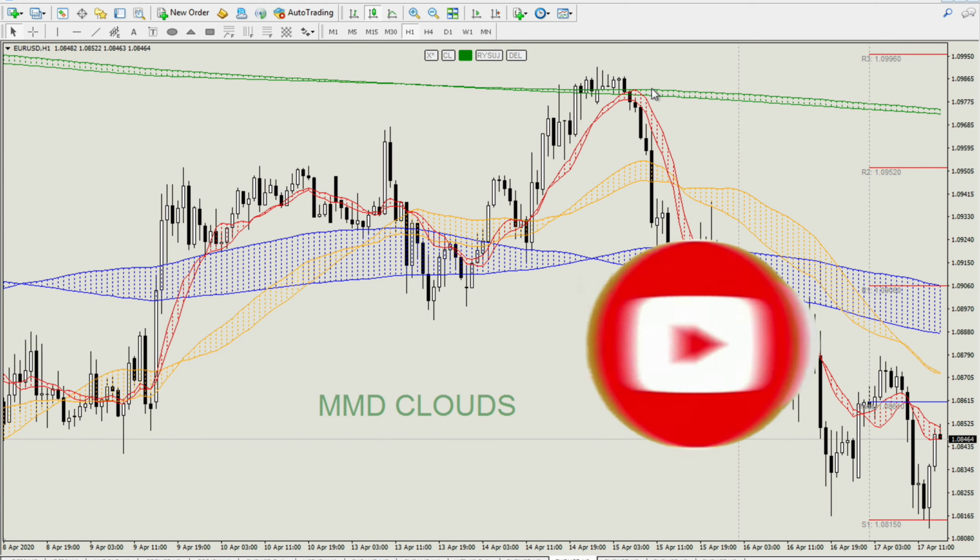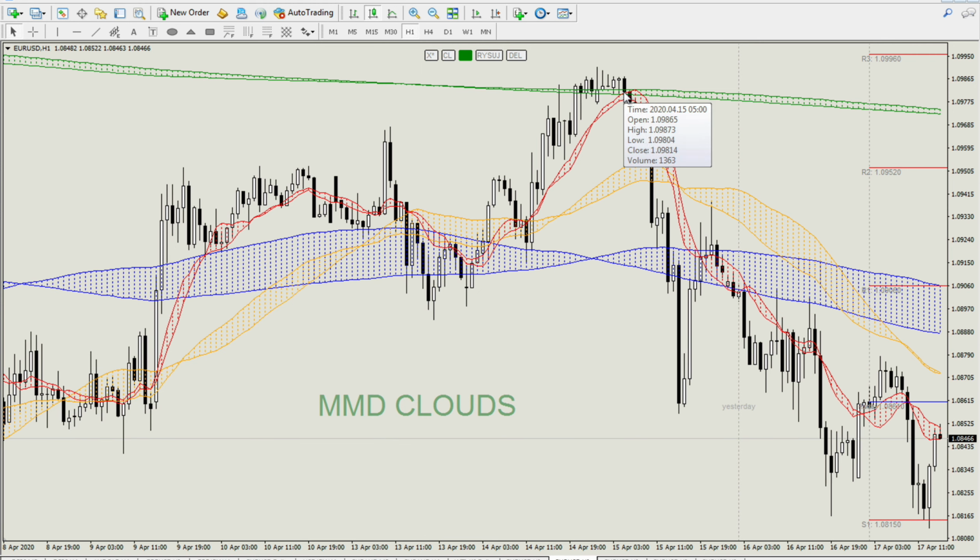We are sitting here for 13 hours, and then again a break through the red cloud. We are closing fully below the red, another signal to sell. We can sell. Look at that. We got exactly up to the blue. We can take our profits at the blue and wait for another signal for selling.